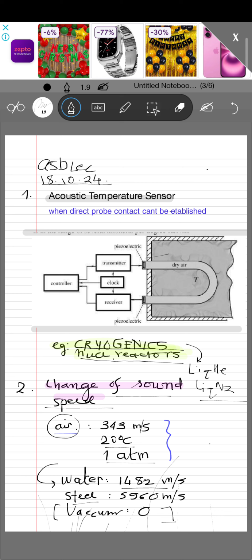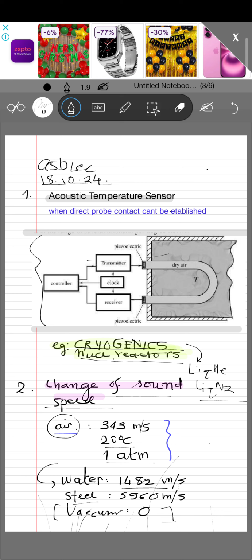Now, this principle has been applied to form an acoustic temperature sensor, which is schematically shown here. From the diagram, we can observe that there are mainly three aspects of this sensing system. The first one is the transmission, the next one is the propagation, and the third one is the reception. And what do we transmit here?